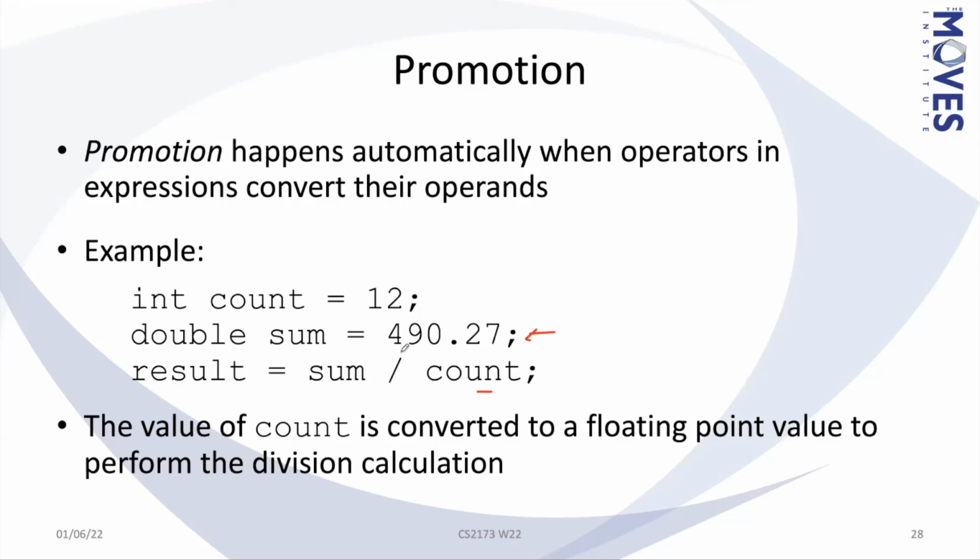But because a double value is involved in this division, under the hood, it will convert count from an integer to a floating point value, in this case promoting it to a double, and then perform the double division. And this assumes that the result itself has to be a double, by the way. If the result is not a double, if it's a float or an int or a long, then the compiler will not allow this.